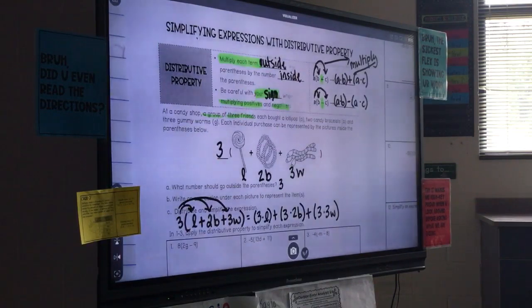All right, from here, I want you guys to simplify that. So I want you essentially to get rid of those parentheses. Stand up when you have your answer.